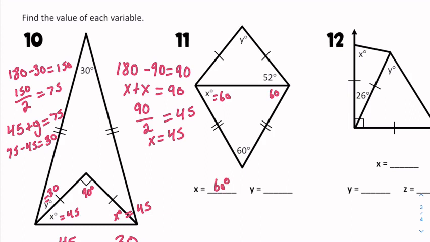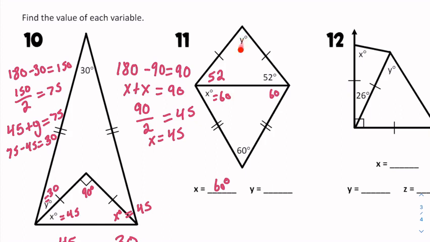All right, from there, we can find the value of y using the smaller isosceles triangle up top. Okay, we're looking for y. They gave us 52, and we know these two sides are the same, which means these two angles are the same. So if this is 52, so is this one over here. So I'm going to fill in my 52. And then I'm going to use that information to help me find my third angle here.